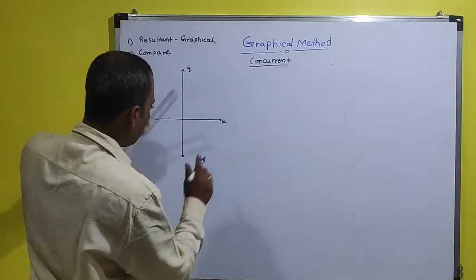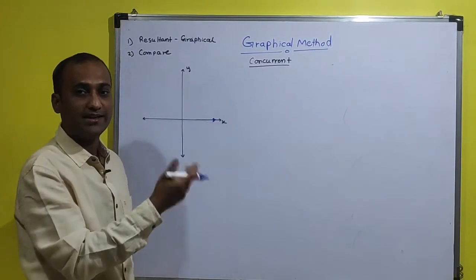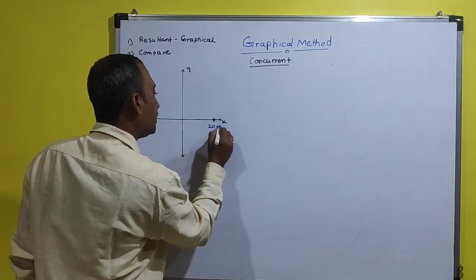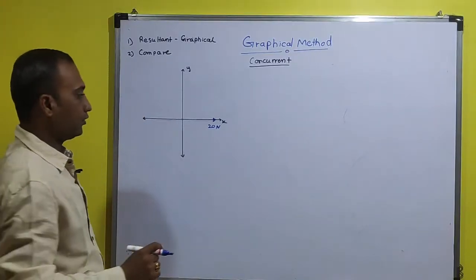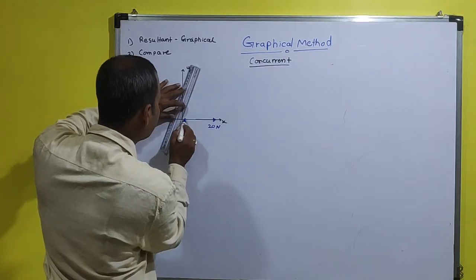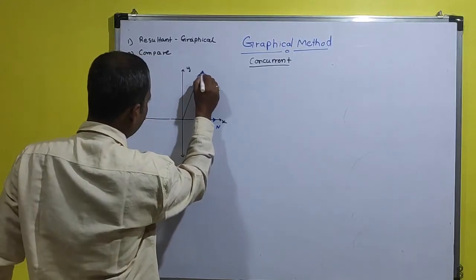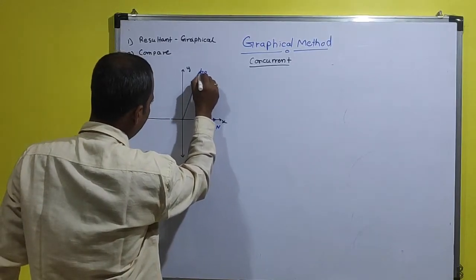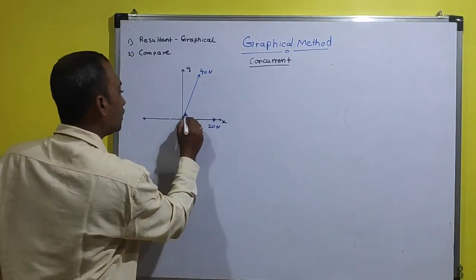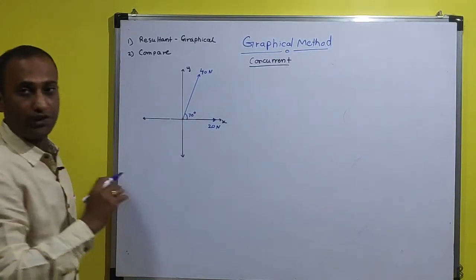Here consider one force which is in horizontal direction along x direction, and it is of 20 Newton force. Then let's have another force of 40 Newton at an angle of 70 degree with the horizontal.